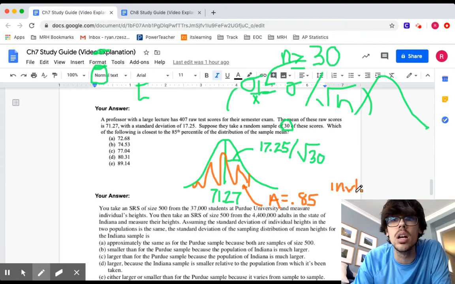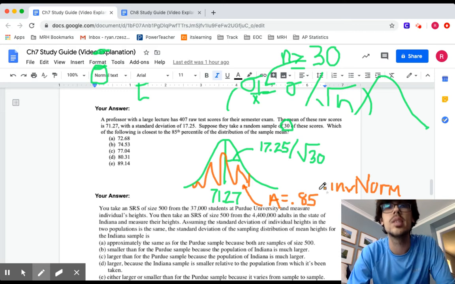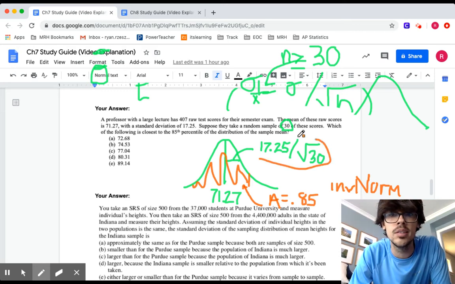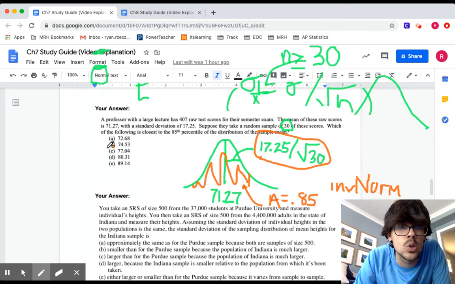If you set up inverse normal with a left area of 0.85, you're going to use the mean of 71.27. You're going to use the standard deviation of whatever this is divided out. You should get for your answer on this one choice B, which is 74.53.